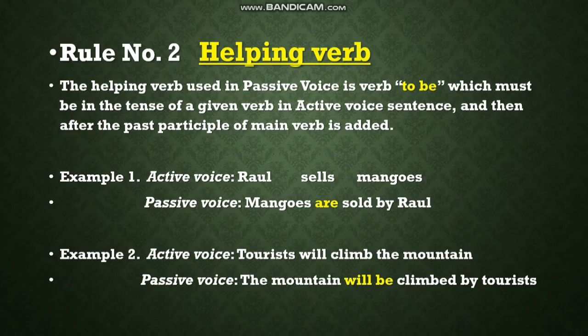That means verb to be must take the tense of verb to climb, and then we add the past participle of climb, which is climbed. That is the rule number 2, which is helping verb.